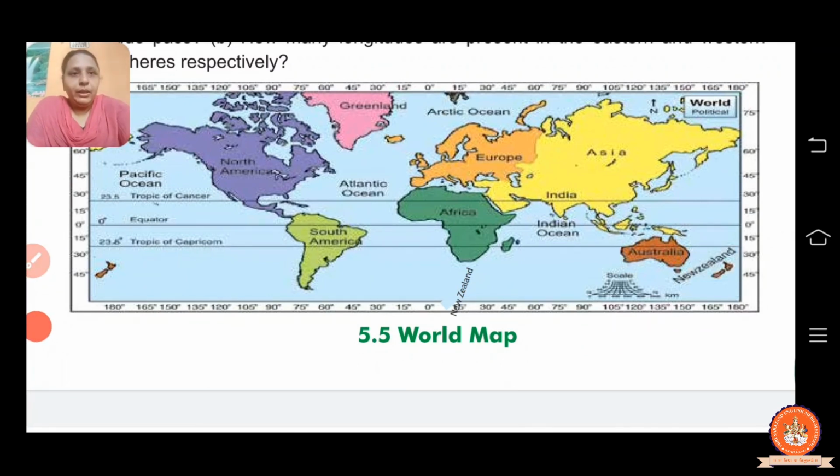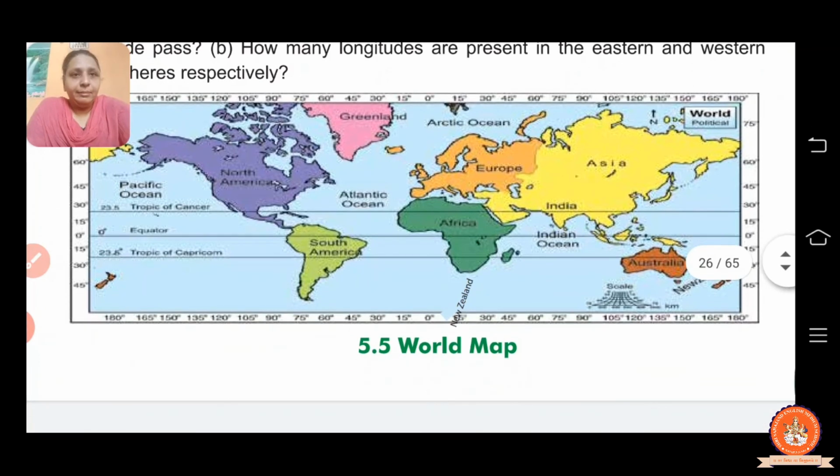Okay, United Kingdom means England. Otherwise France, Spain, Algeria, Mali, Burkina Faso, Togo, and Ghana. These are the countries that pass through the 0 degree longitude.